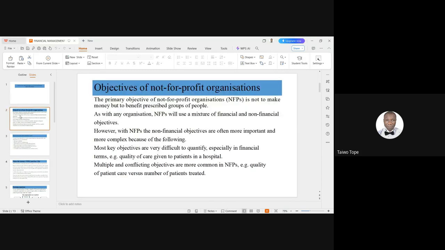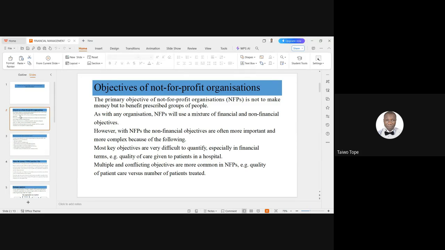NGO, non-for-profit making organizations. So the key difference between non-for-profit organizations and profit-making organizations is, one, that not-for-profit organizations are out to provide social or service-oriented service, while for profit-making organizations, the objective is to maximize profit.